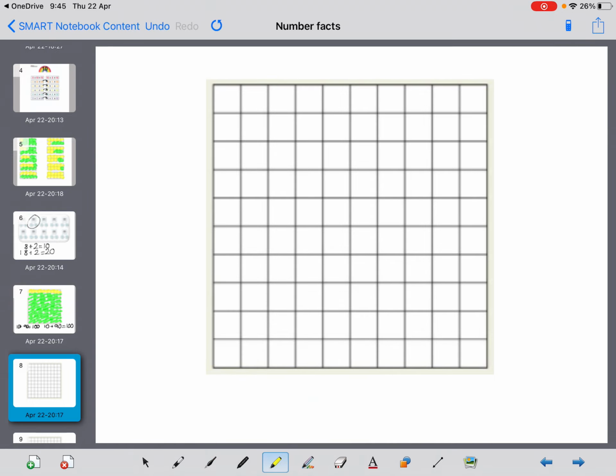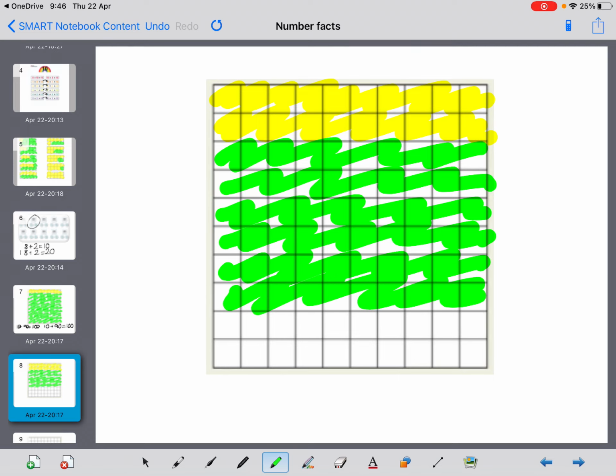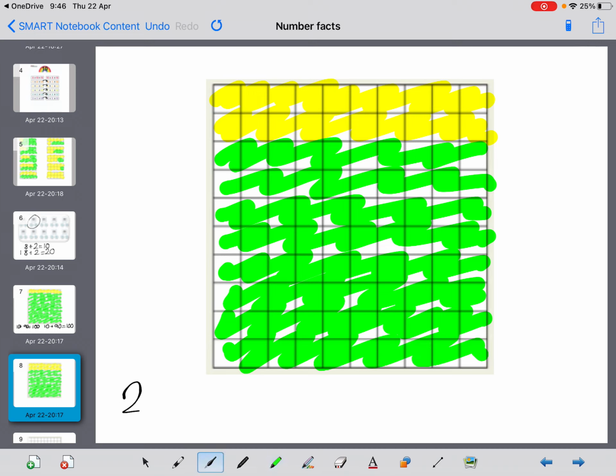If I wanted to do 20 yellow, and 10, 20, 30, 40, 50, 60, 70, 80 green, 20 yellow plus 80 green equals 100.